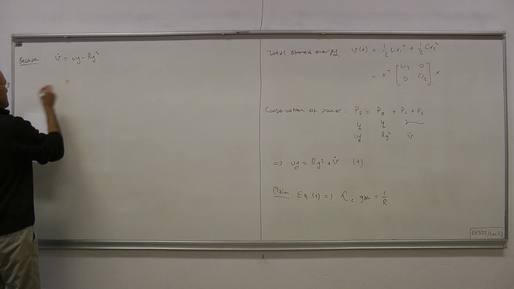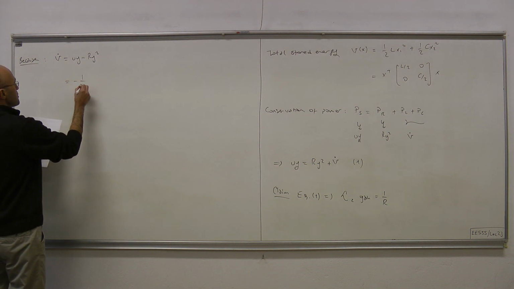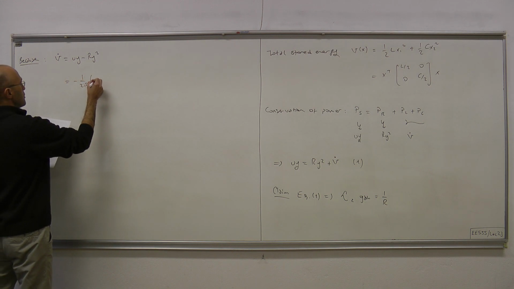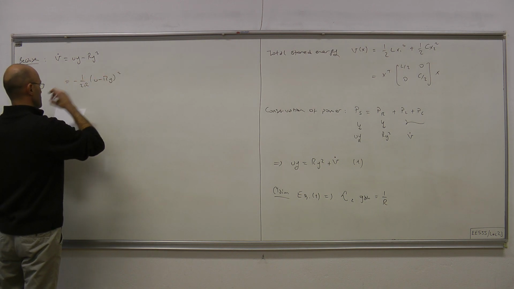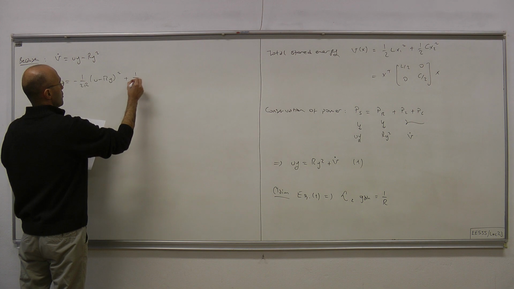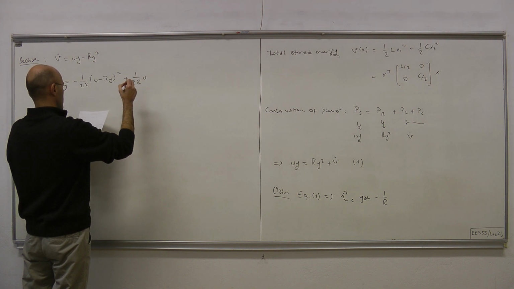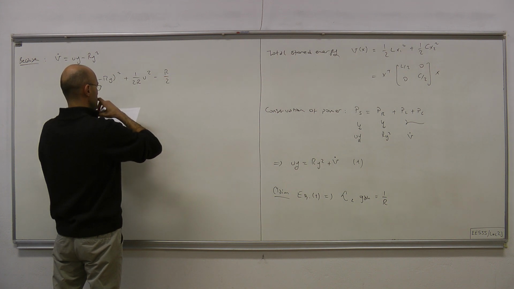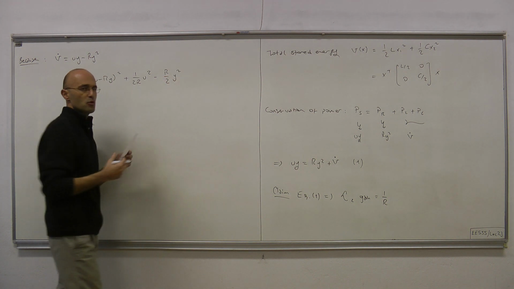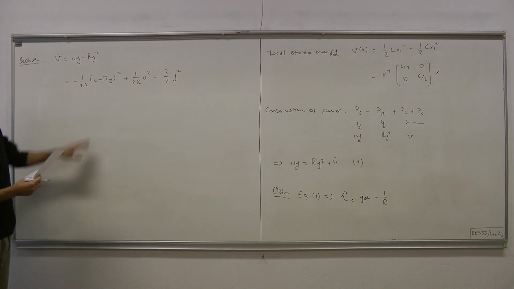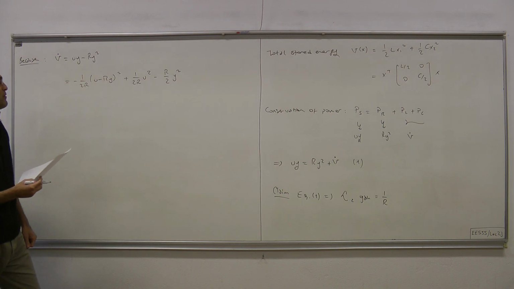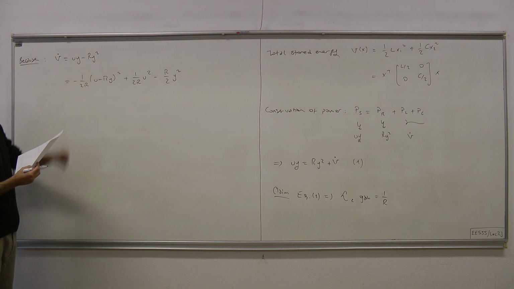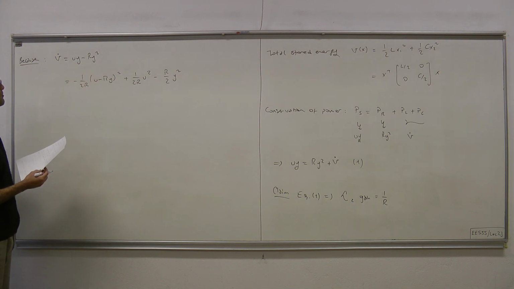This can be written as minus 2 over R (u minus Ry) squared plus 1 over 2R u squared minus R over 2 y squared. Okay. If you open this term and add everything up, there will be some cancellations, and you will be left with this uy minus Ry squared.